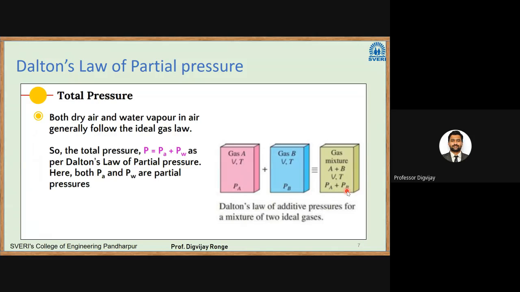So 60 Newton per meter square will be my partial pressure, and 40 Newton per meter square will be your contribution. In that way, the partial pressure term works. You can also assume it as individual pressure: how much individual pressure gas A applies, and how much individual pressure gas B applies. The total pressure is obviously how much pressure gas A has applied plus how much pressure gas B has applied. So that will be the total pressure acting in the system.